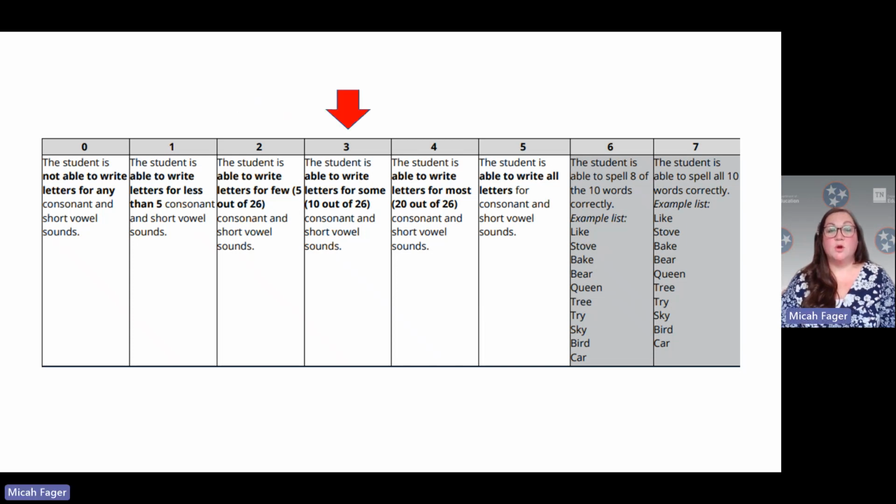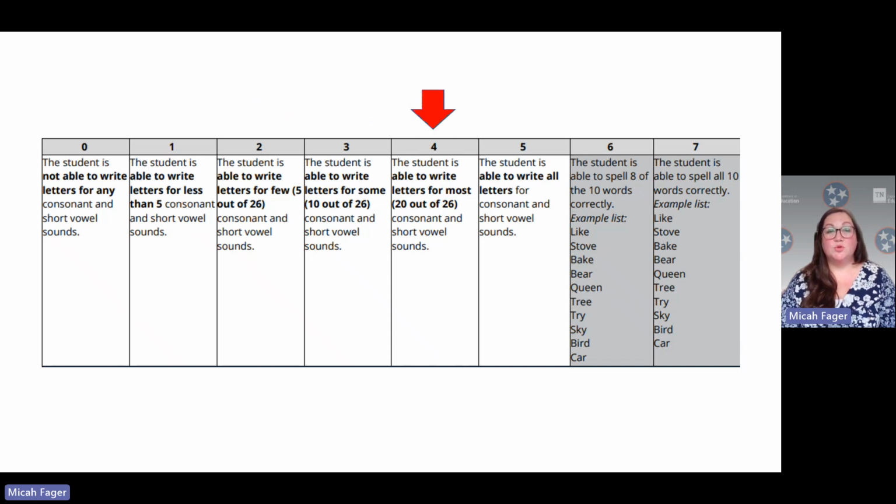The student work will score a level 3 if they are able to write 10, 11, 12, 13, 14, 15, 16, 17, 18, or 19 letters for consonant and short vowel sounds. So a level 3 score is if they write at least 10 letters to match the sounds of the word or the consonant and vowel sounds.